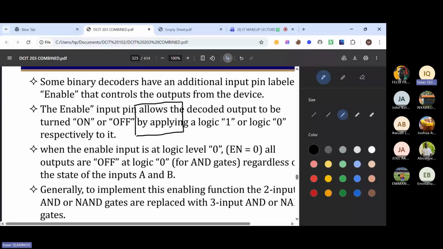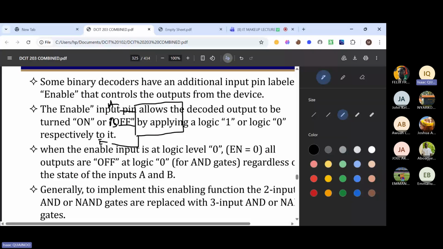So let's say we have our inputs as A and B. And then you have one more input, which we are going to label as E. The E is originally not part of the input. It is just an enabler, which determines the state of the circuit, whether the circuit is on or off. We said that if the enabler is on, then the entire circuit is transparent.